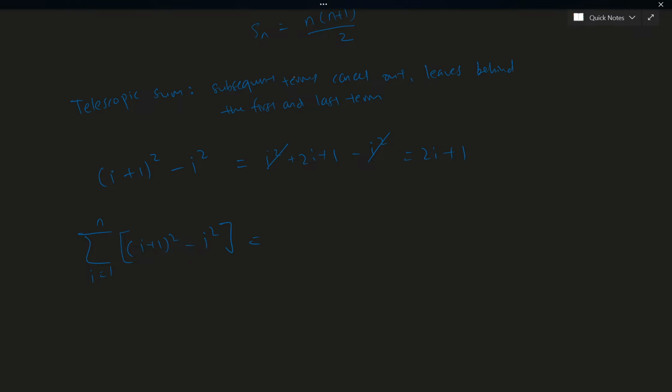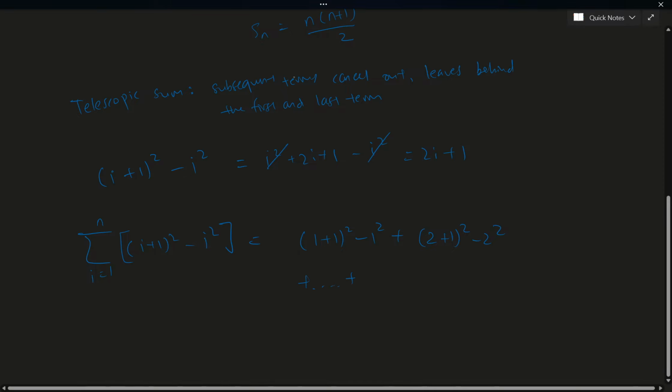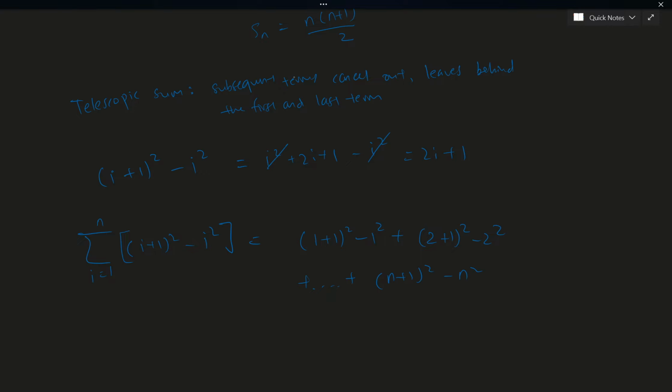This can be rewritten as: we start off with 1, so when i is 1, 1 plus 1 squared minus 1 squared, plus when i equals 2, 2 plus 1 squared minus 2 squared, and this goes on till n plus 1 squared minus n squared. Through the telescopic sum, 2 squared will cancel out with the negative 2 squared, 3 squared will cancel out with the negative 3 squared in the next term, and the negative n squared will be cancelled out with the n squared that appears before it.